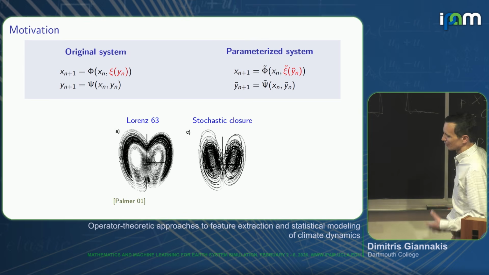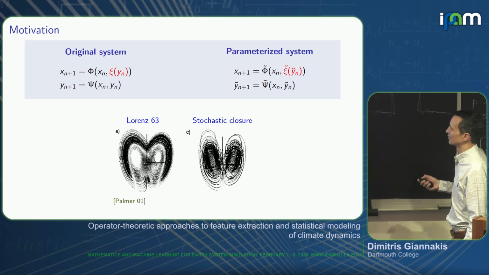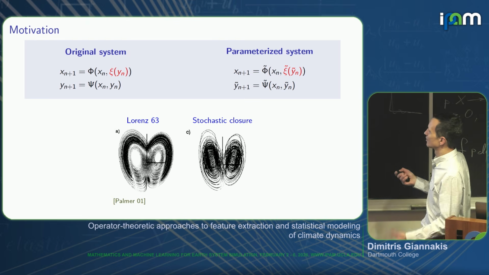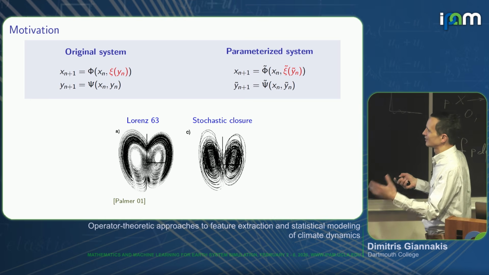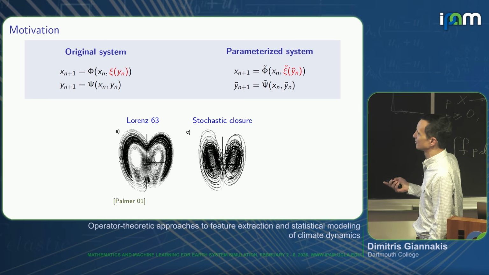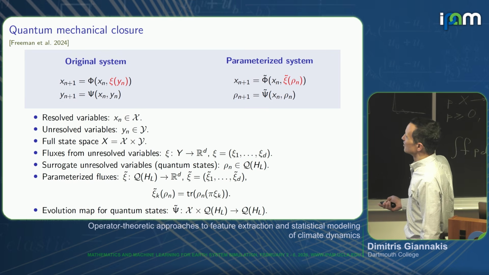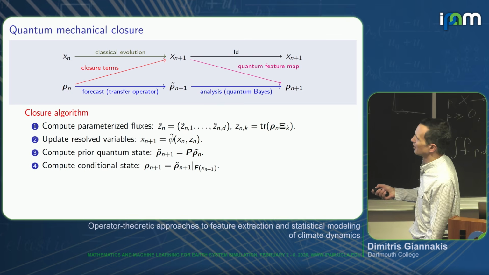So think of it also as a version of so-called superparametrization that one sees sometimes in atmospheric dynamics, where now the surrogate model is actually a quantum mechanical, data-driven learned model. Let me spare you the details, but the idea is similar to what we had before in data assimilation.